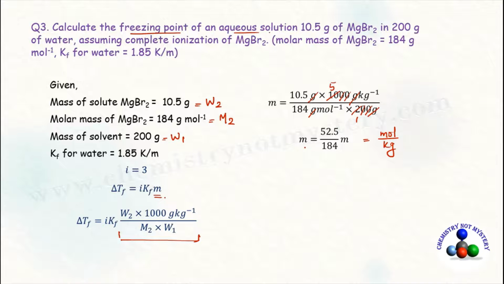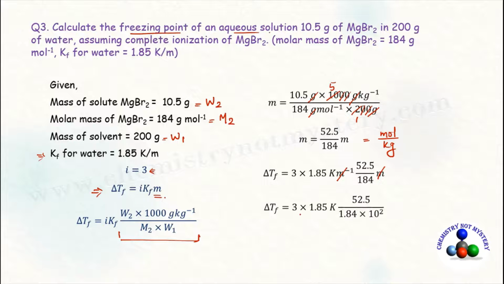So now we have calculated the value of M. Now place this value of M in this formula. So here you will get delta TF is equal to 3, that is the value of I we just have calculated, multiply by 1.85 Kelvin per molal, which is given in the question, multiply by the value of M, which is 52.5 divided by 184 molal. Here this molal and per molal will get cancelled out. Now convert this 184 into scientific notation.